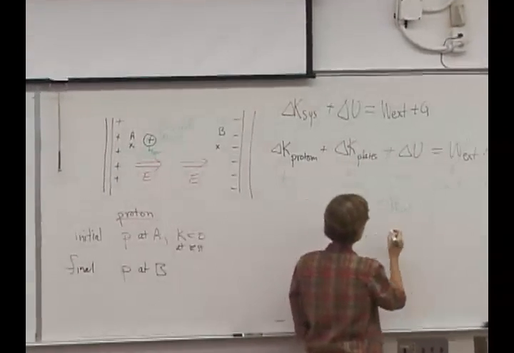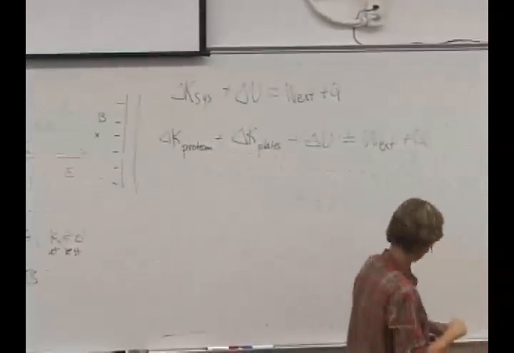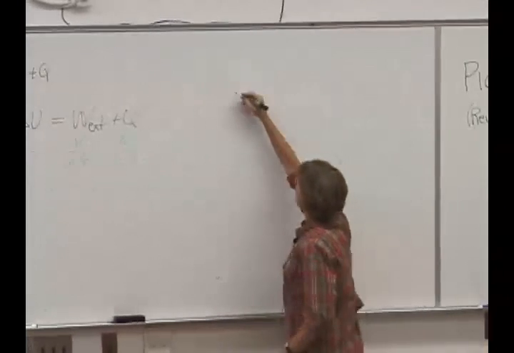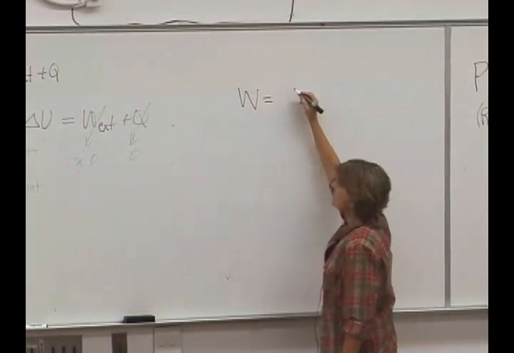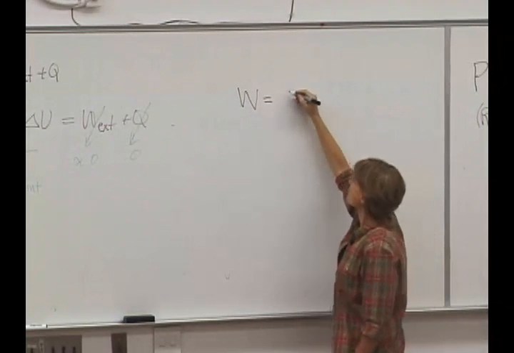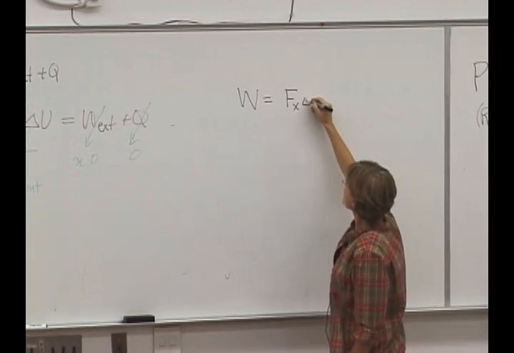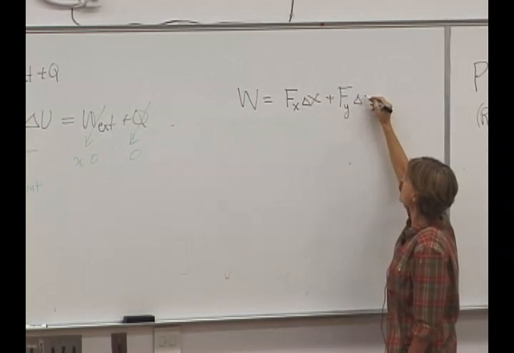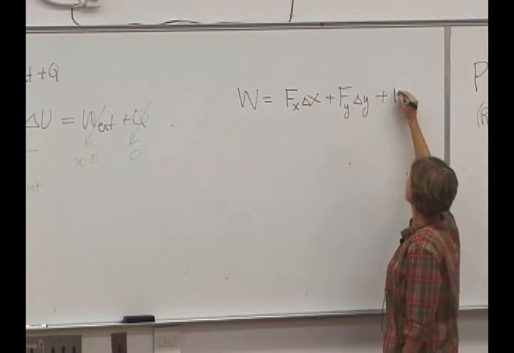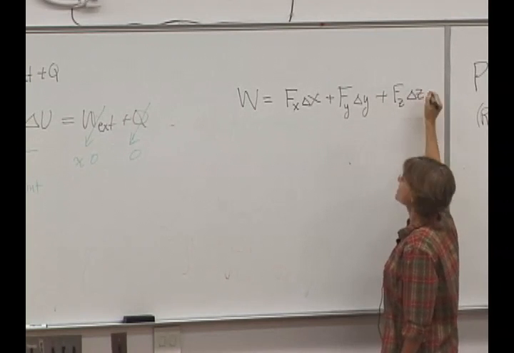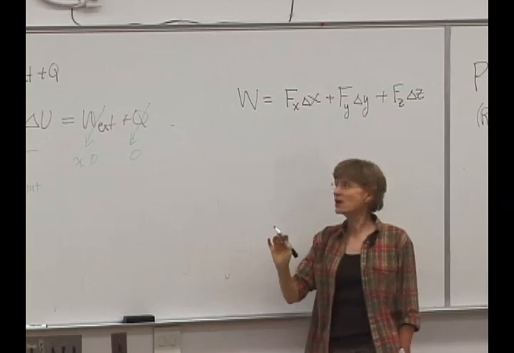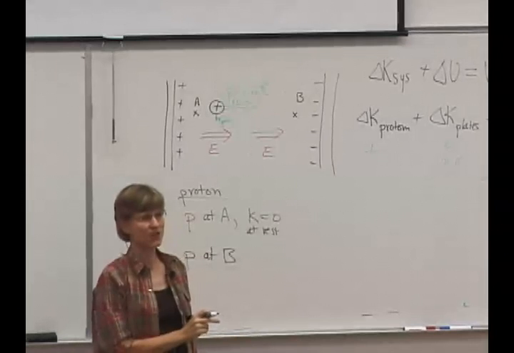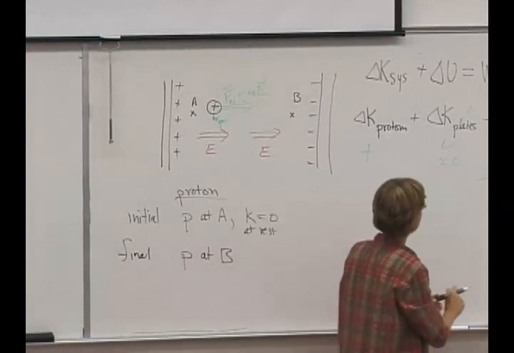Remember that work, in general, is the sum of the force acting in the x direction times the x displacement, plus the force acting in the y direction times the y displacement, plus the force acting in the z direction times the z displacement. That's the work in some process. And we picked this process so that nothing's happening in y and z at the moment, just to simplify our lives, so we can only look at x here.